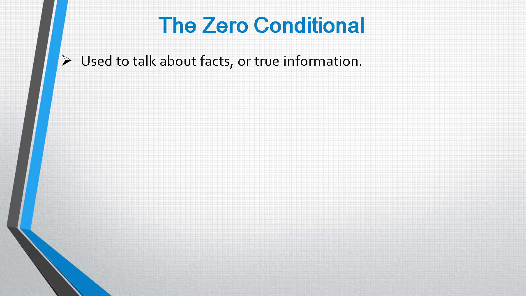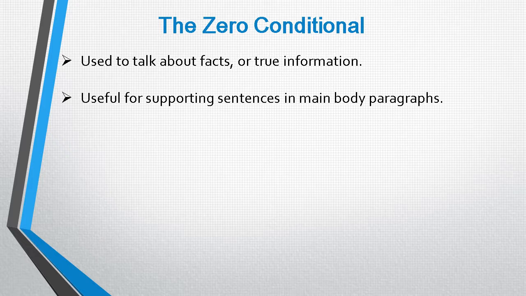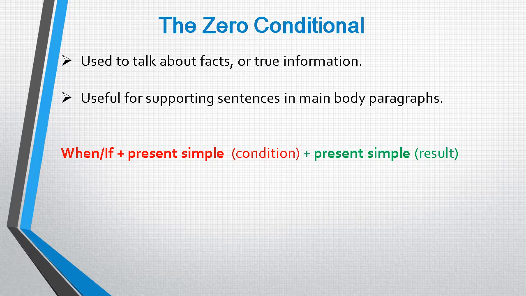It's useful for your supporting sentences in your main body paragraphs, and you can make it using this structure: when or if plus present simple, and that's for the condition. Then you add present simple for the result. Here are some examples to demonstrate that.